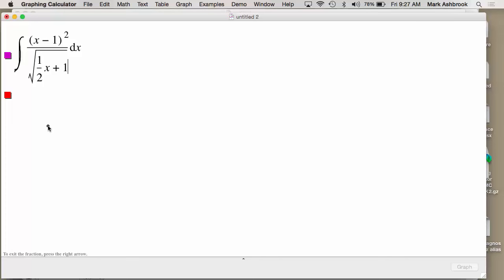But we can do a change of variables. So what might we let u equal? Really, what's problematic here is the square root of a sum. The square root of a sum is what would prevent us from expanding this out and getting a sum or difference of many terms.